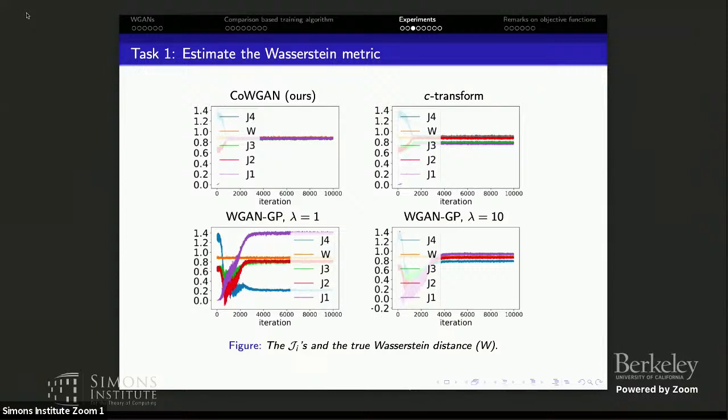And this is our loss function as well as J1, J2, J3, and J4. So we have a total of 5 functions: J4, W, J3, J2, J1. And you see that if we train the Wasserstein GANs, then all these quantities converge. An interesting part here is also W1GP, with gradient penalty.